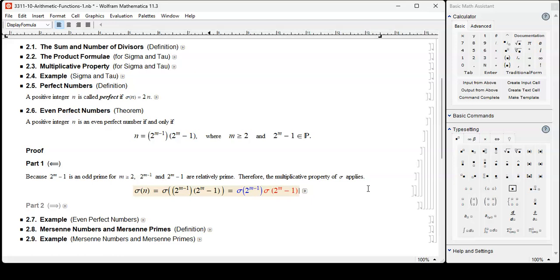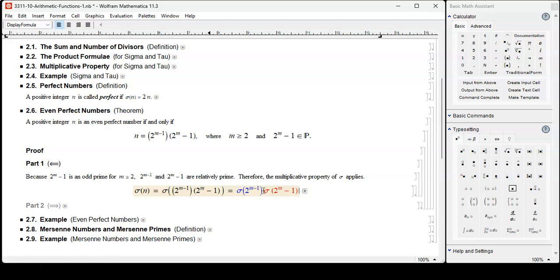Now, let's find out what these blue and red values are. Red value is easier. This is a prime number, you see. Therefore, it has only 2 divisors, 1 and itself. Adding up, you're going to get 1 plus 2 to the n power minus 1. It's that easy. How about blue?